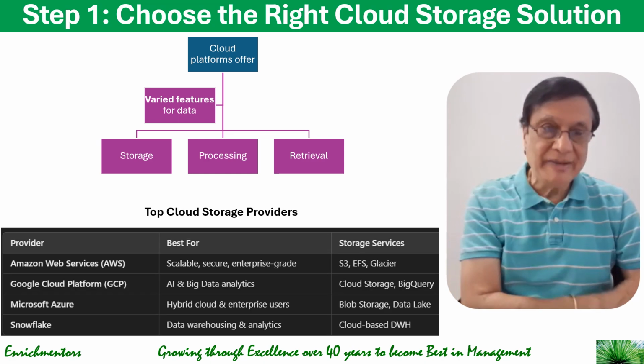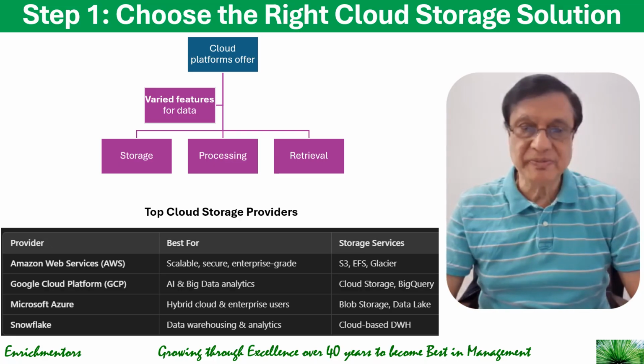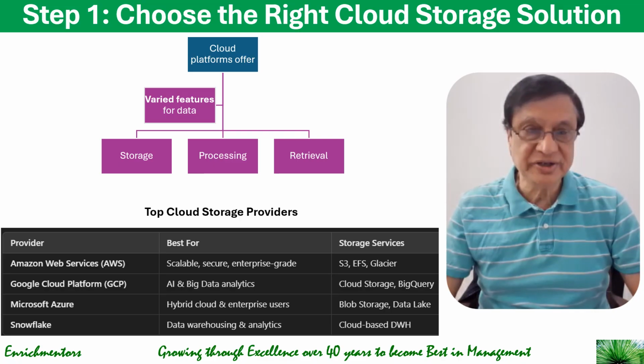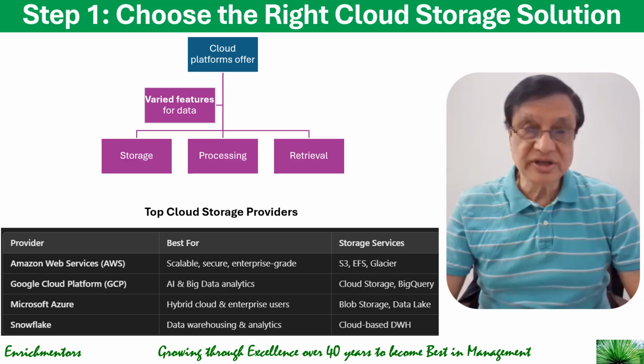So there is Amazon Web Services, which is best for scalable, secure, and enterprise grade, and there they have storage services like S3, EFS, and Glacier. Then there is Google Cloud Platform (GCP), best for AI and big data analytics, and their services are Cloud Storage and BigQuery. Microsoft Azure is suited to hybrid cloud and enterprise users, and there they have Blob Storage and Data Lake.